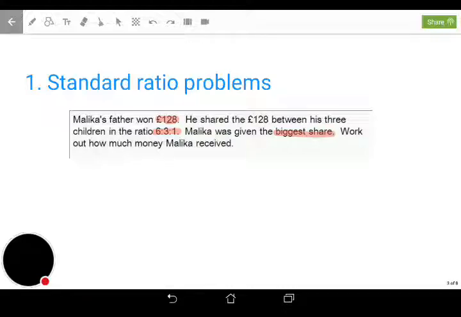You can see that I've only highlighted a small portion of that exam question. So let's look at answering it now. When I'm presented with a standard ratio problem, I firstly need to add my ratio together. So I need to do 6 plus 3 plus 1, which gives me 10.